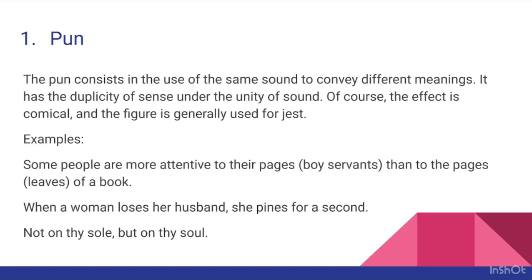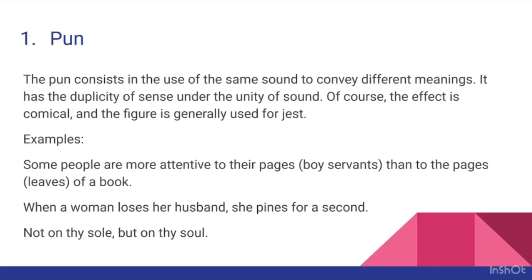Second type: when a woman loses her husband, she pines for a second. Note the pun here on the word second. Here, second has double meaning. The first meaning can be for a moment or a short time, and the other meaning of second could be a second husband.